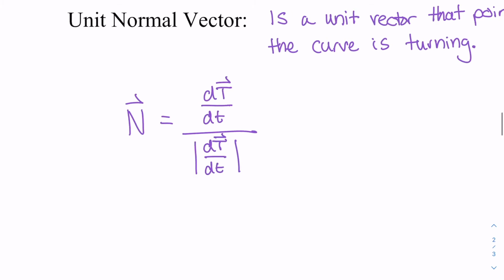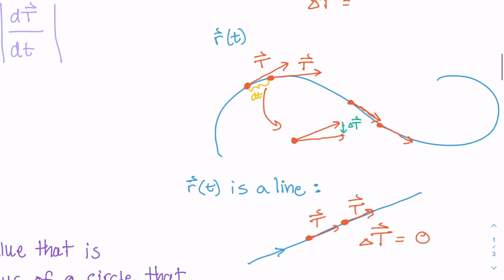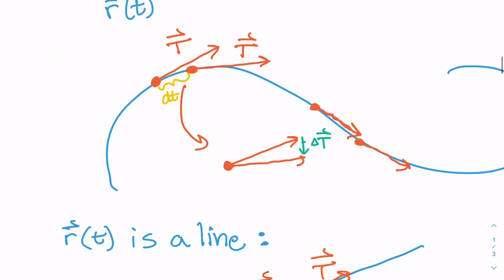Right, and that makes sense. It kind of follows the same idea we had up here, that you can even see in this case that the change in the unit tangent vectors is going to be this difference vector, the change between the two.